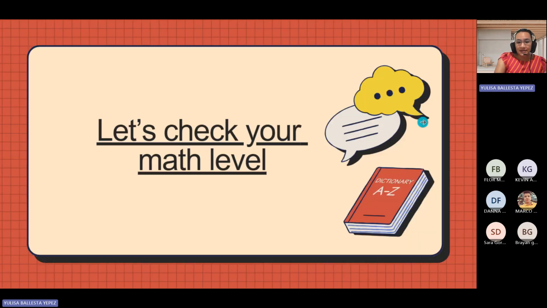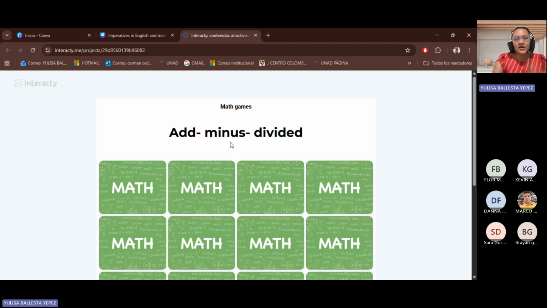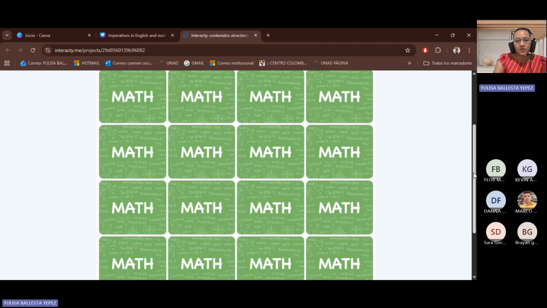So with this in mind, I would like to check your math level, and I'm going to send you this link to the chat, where you have to sumar, restar y dividir. And you have to choose the right pairs of cards. For example, you will have here equals 27. Todos los números van a estar escritos en inglés.